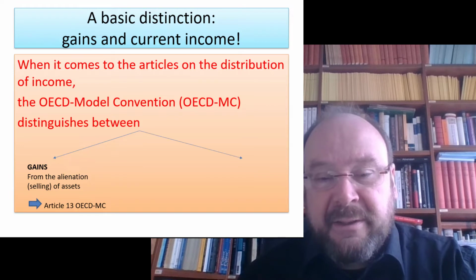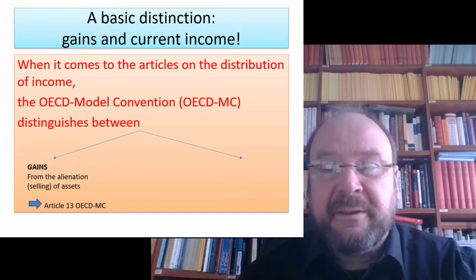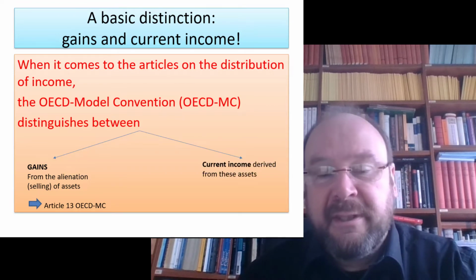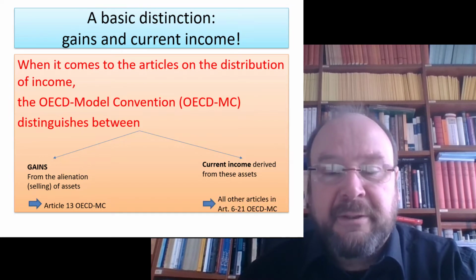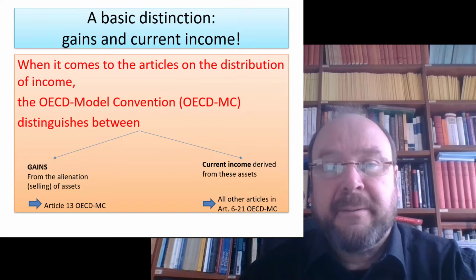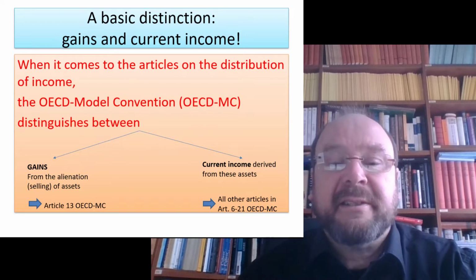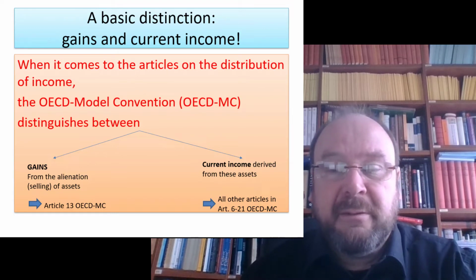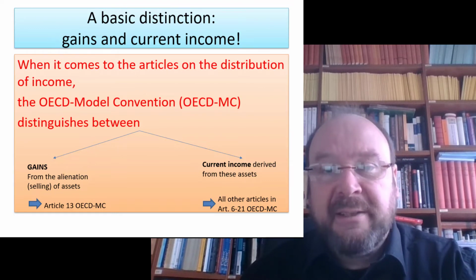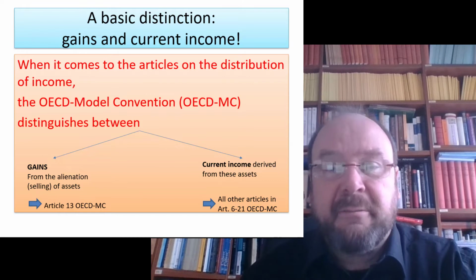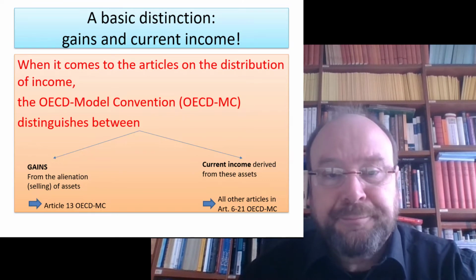And there is the other alternative, that's current income from using these assets or from doing some other activities. That can be found in all other articles contained in Articles 6 to 21 of the OECD Model Convention. So gains from selling and current income are two different cases that have to be held apart by you.